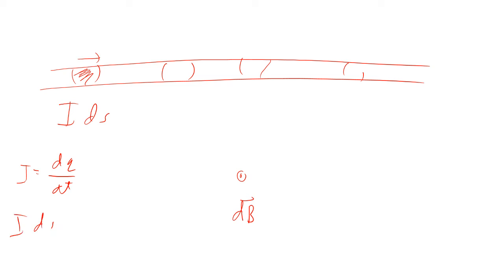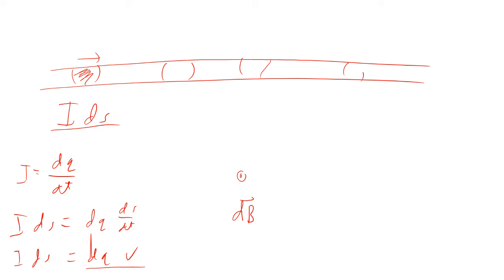So I ds is basically dq ds/dt, or in other words, dq times v. And we know the velocity is what's important in the magnetic field right there. So that's going to be my dq v.